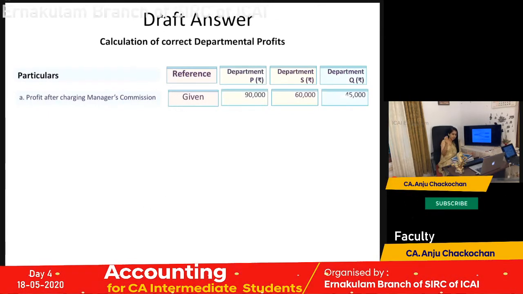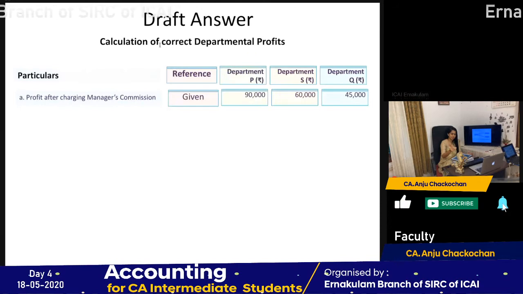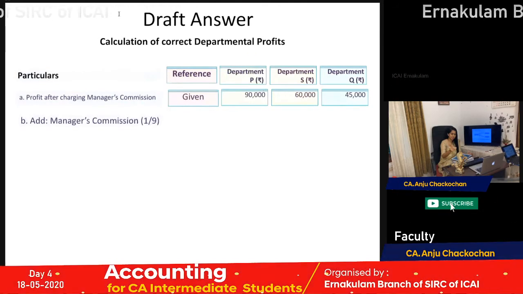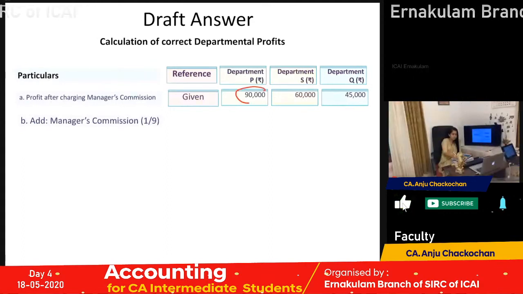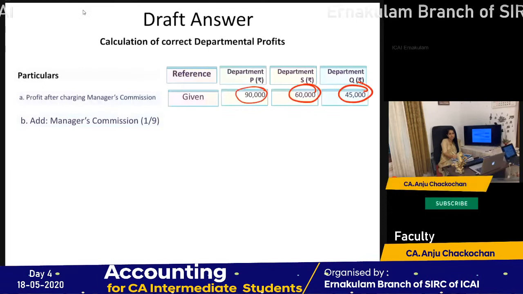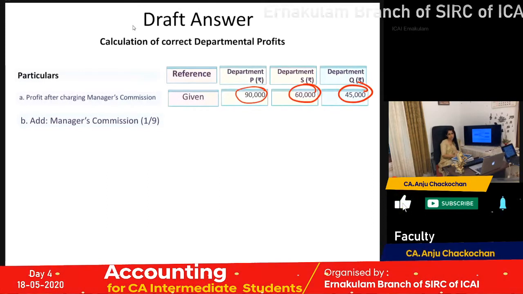For Department P it is 90,000, Department S it is 60,000, and Department Q it is 45,000. And listen, this profit of 90,000, 60,000, and 45,000 is before unrealized profit, but after manager's commission.